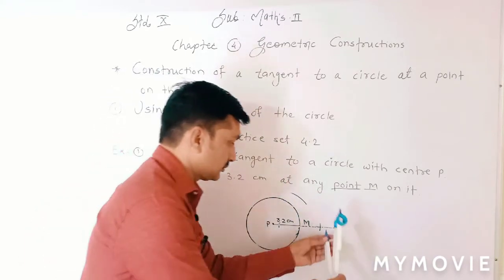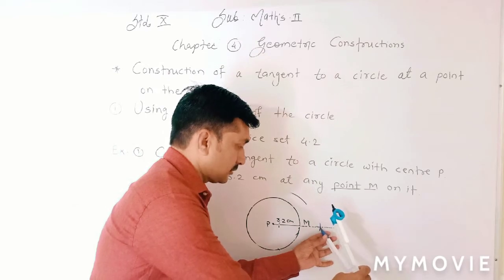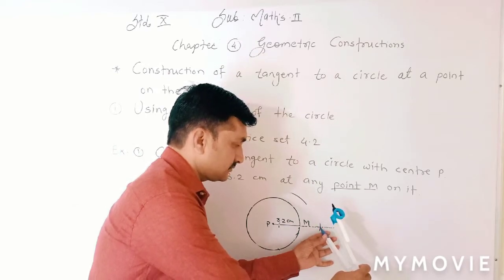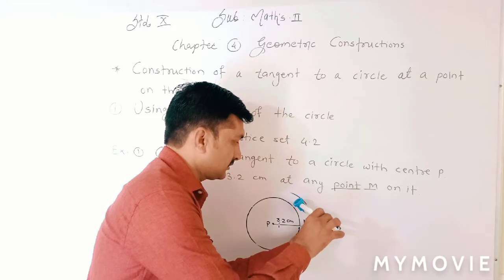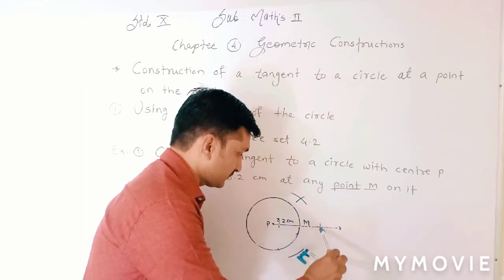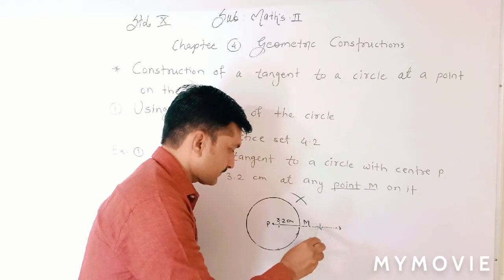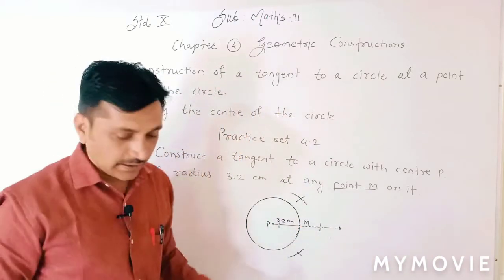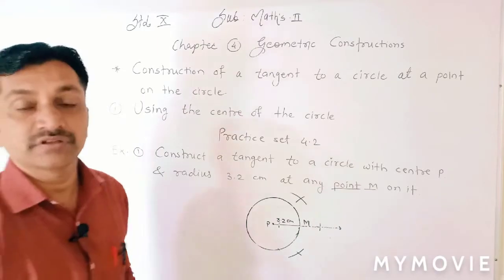With the same distance, keep the pointed end on the second arc on the right side and intersect it, upwards and downwards also, in this way.